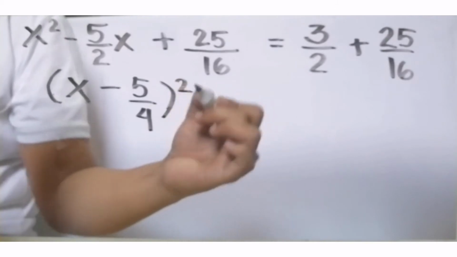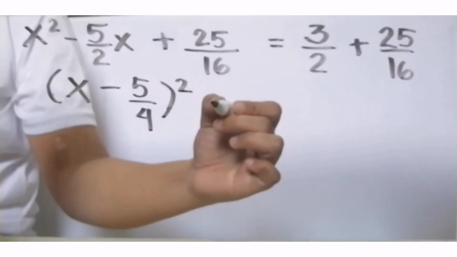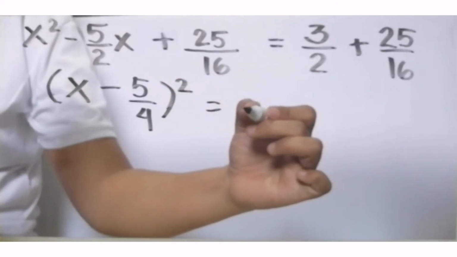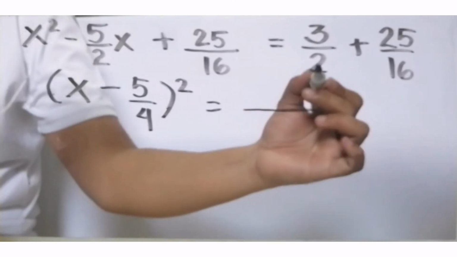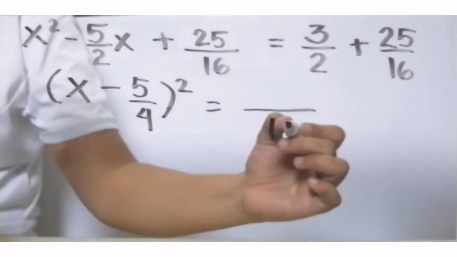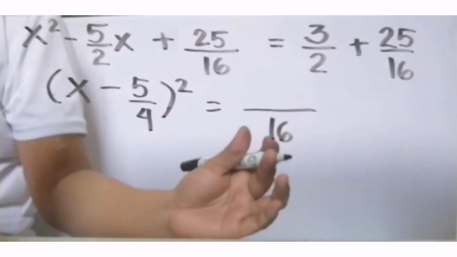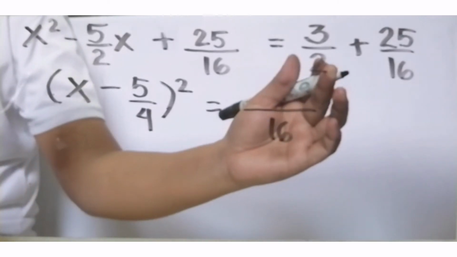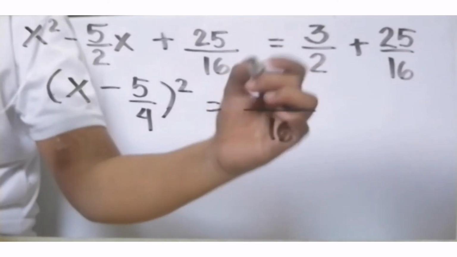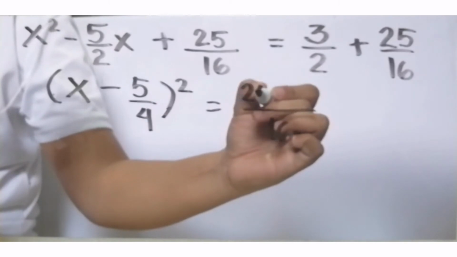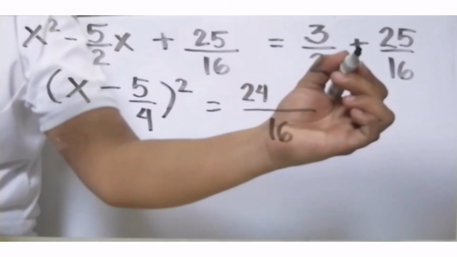Then, a fixed square equals, so, anong ating LCD? Sa 2 and 16, ang LCD natin ay 16. Then 16 divided by 2 is 8 times 3, we have 24.